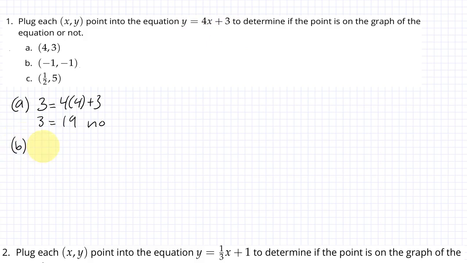With B, we're going to plug in negative 1 for y. That should be equal to 4 times negative 1 plus 3, and that will give you negative 1 equals negative 4 plus 3, and that is true. So that means negative 1 will be on the graph.